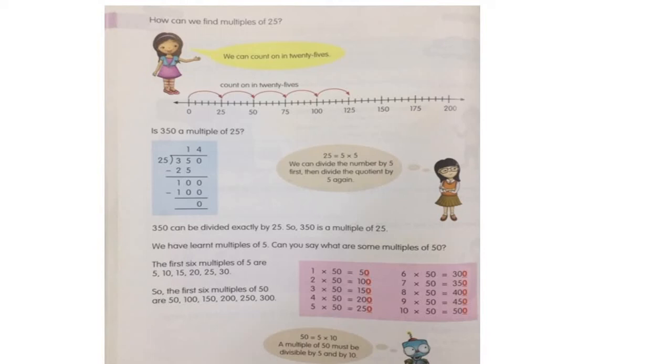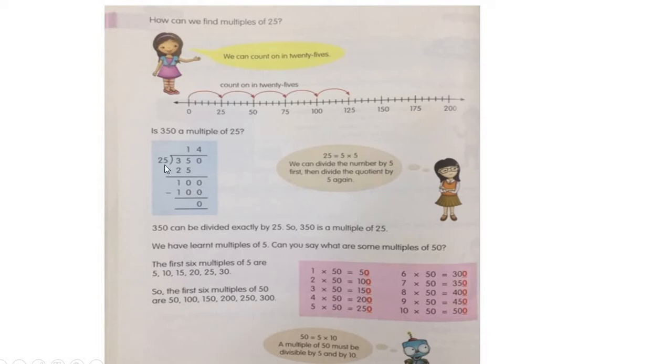Now I will divide 350 into groups of 25. I will ask myself, how many 25s do I have in the 35? I have just 1. 1 times 25 is 25. Then I have 10 left over.